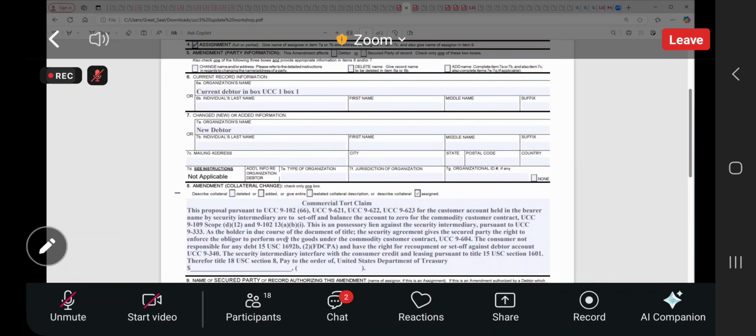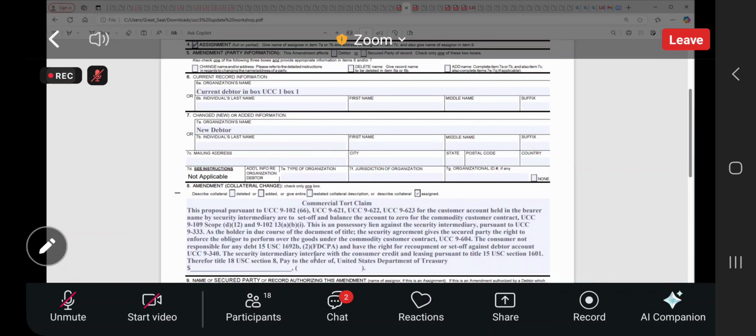As the holder in due course for the document entitled the security agreement, it gives the secured party the right to enforce the obligor to perform over the goods under the commodity customer contract. UCC 9-604, the consumer is not responsible for any debt, 15 USC 1692B.2, FDCPA, and has the right for recoupment or set off against the debtor account, UCC 9-340, which I read to you.